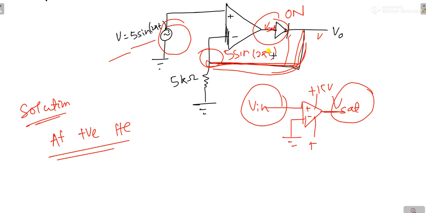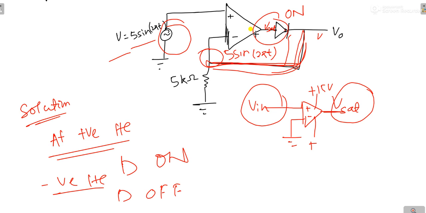So V0 is equal to Vn, but our condition is that in the positive half cycle the diode will be on, and in the negative half cycle the diode will be off, because at negative half cycle the output will be minus V saturation.